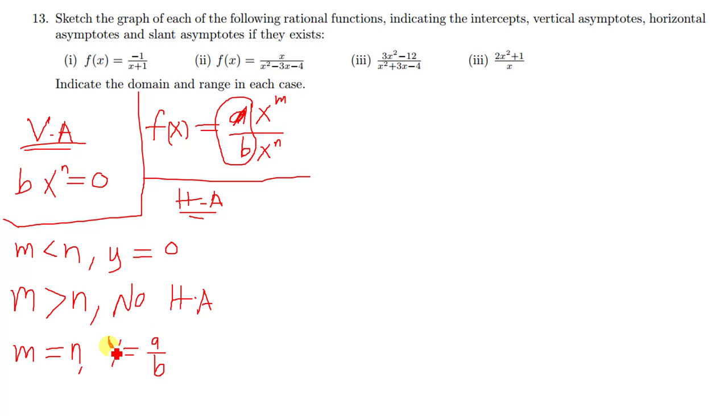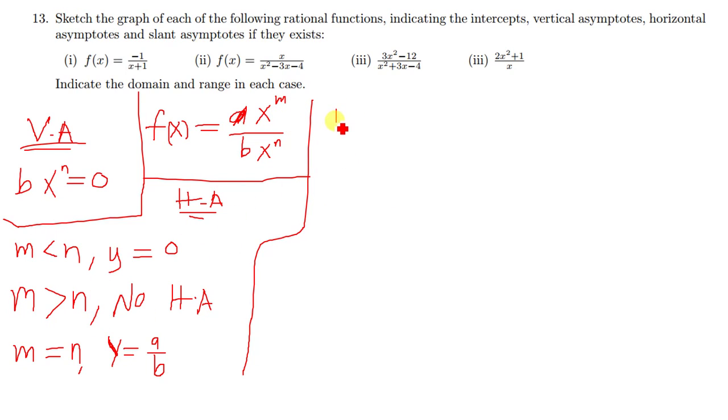So let's quickly move on to finding the slant asymptote. How do you find the slant asymptote? The slant asymptote only exists when the power of the numerator is greater than the power of the denominator.